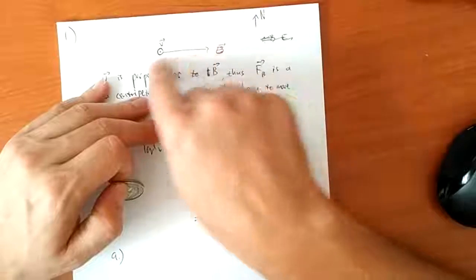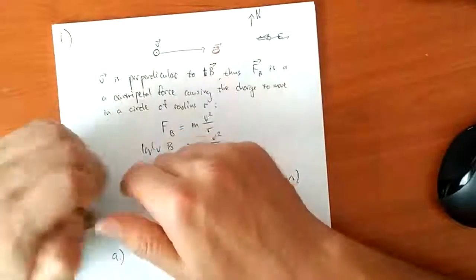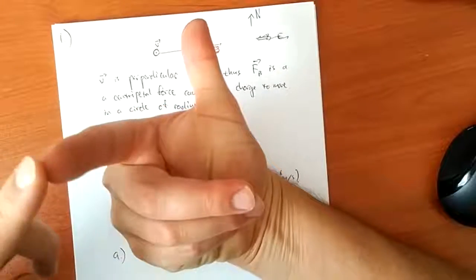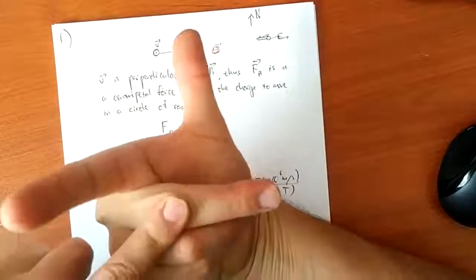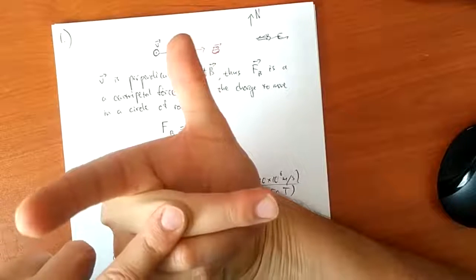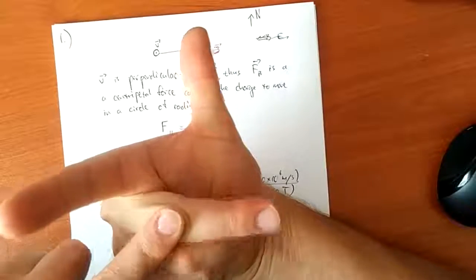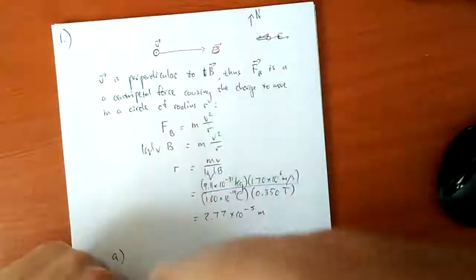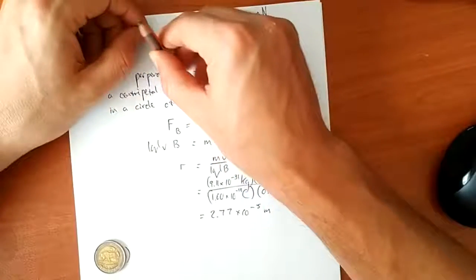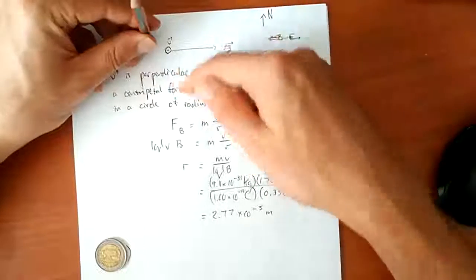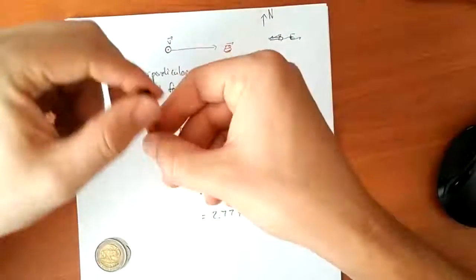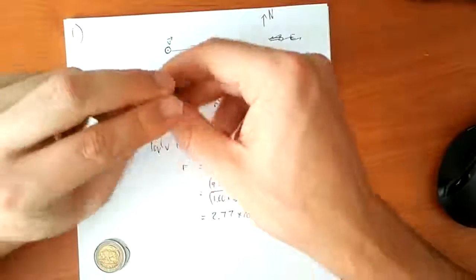Okay, so now this is from my perspective. Velocity is coming out like that, and the magnetic field is in that direction. So the force would be upwards if it was a proton, but it's instead an electron, so the force is downwards. It is coming out of the page, and it's feeling a force in that direction, so it's going to move like that.